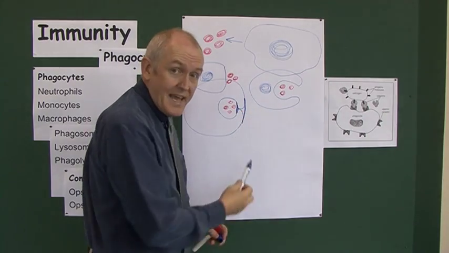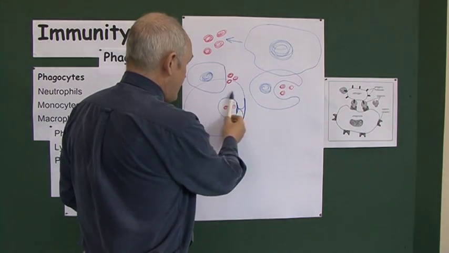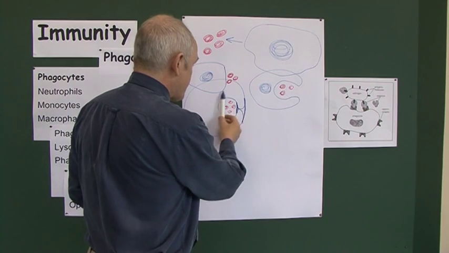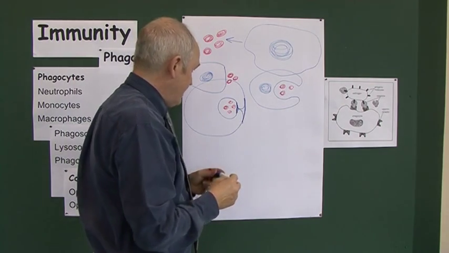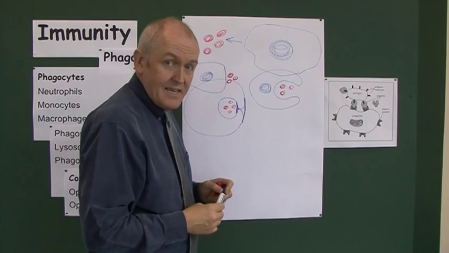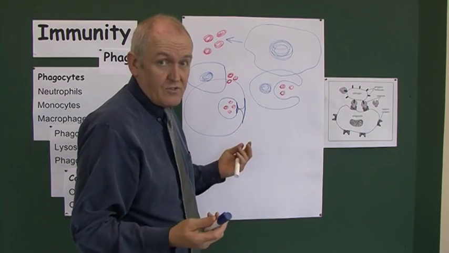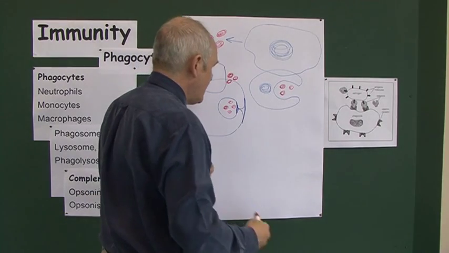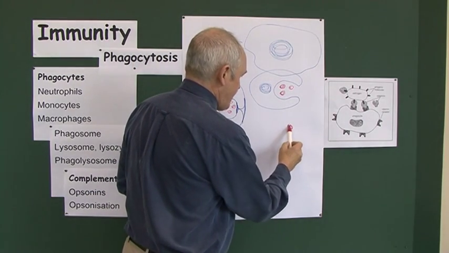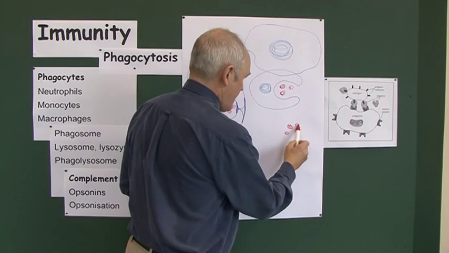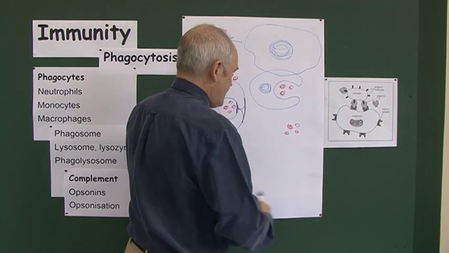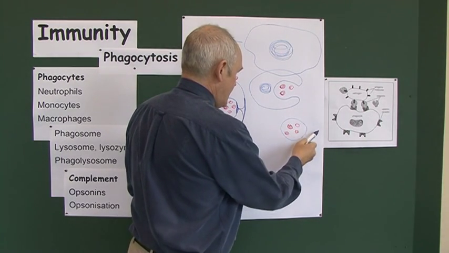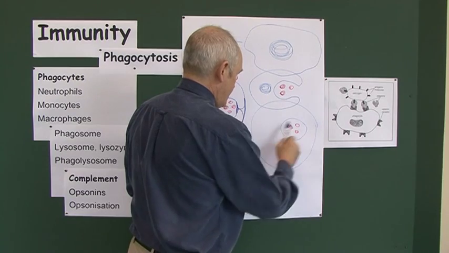The situation now is the bacteria have been completely engulfed in a membrane-bound area inside the cell called a phagosome. It's now engulfed inside the cell. So we have the bacteria in this phagosome inside the cell. There's the cell.